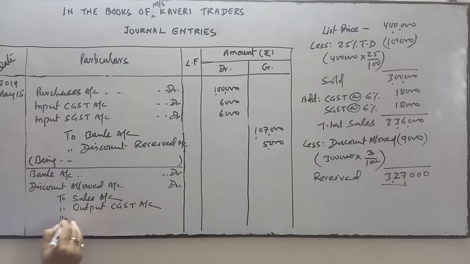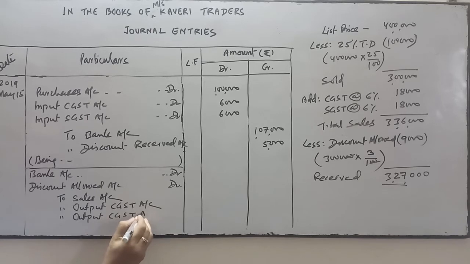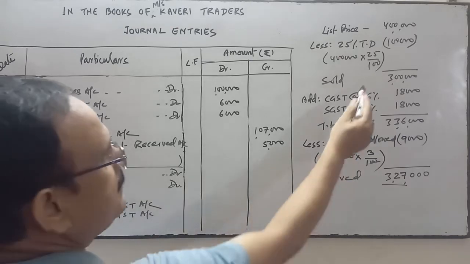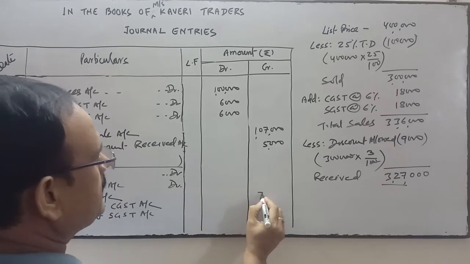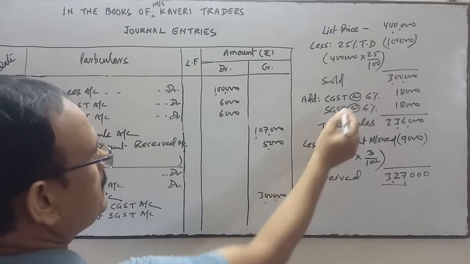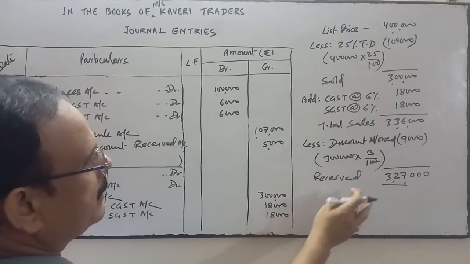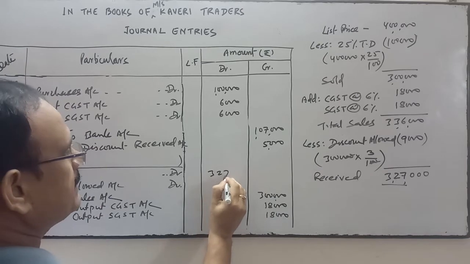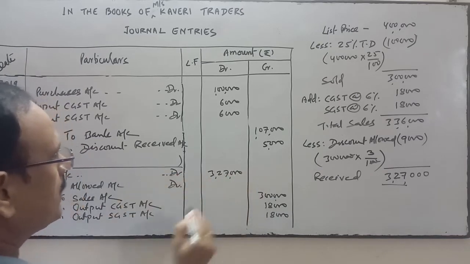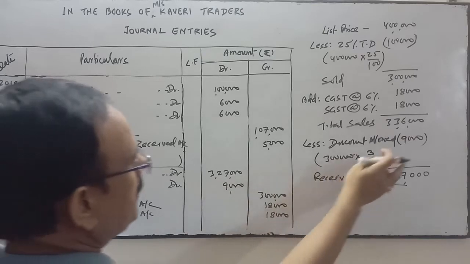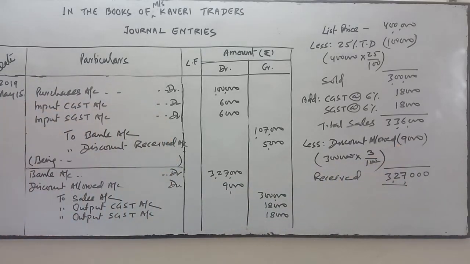At the time of sales it becomes output CGST or output SGST. Sales figure is 3 lakhs, which I have written on the credit side. Thereafter CGST 18,000, then SGST 18,000. We have received 3,27,000 and discount allowed is 9,000. You see both side totals are the same.